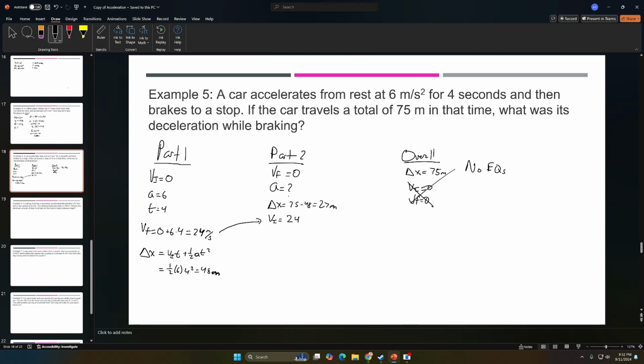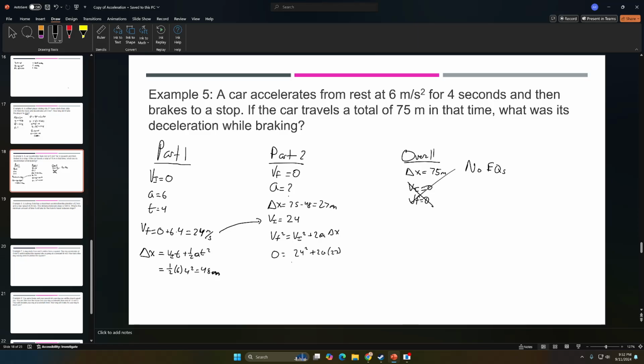So I can find acceleration using v final squared equals v initial squared plus 2a times the displacement. 0 equals 24 squared plus 2a times 27.